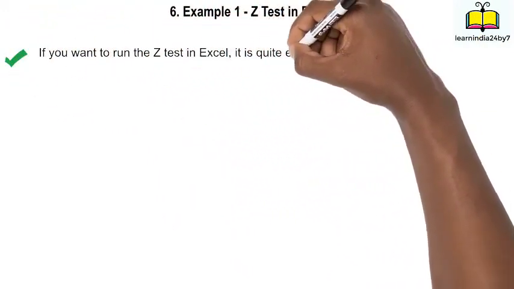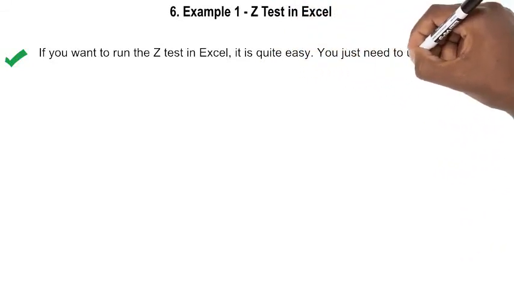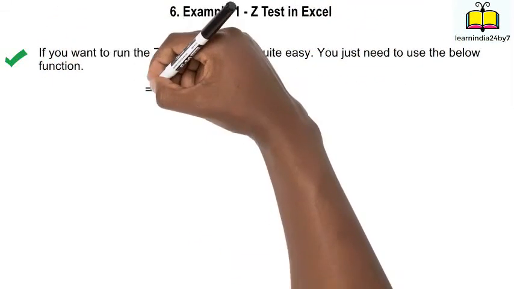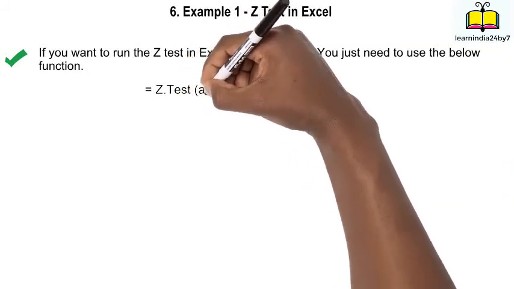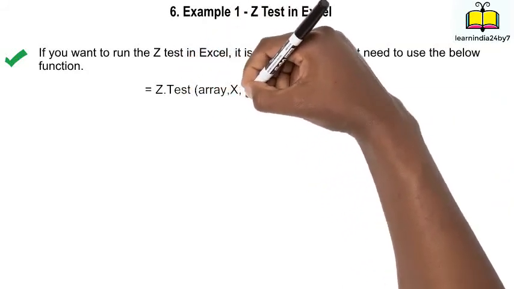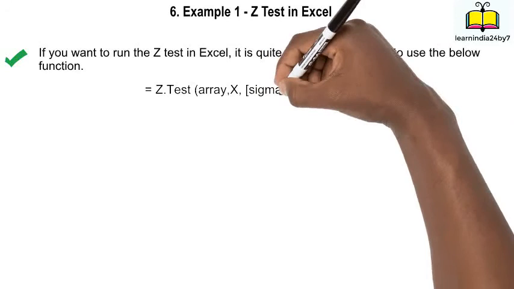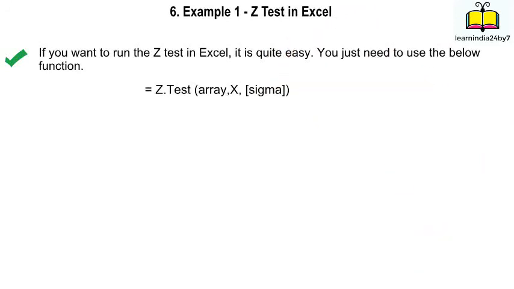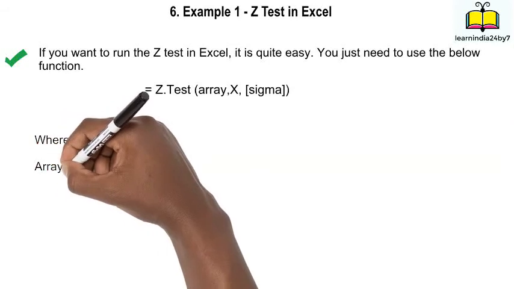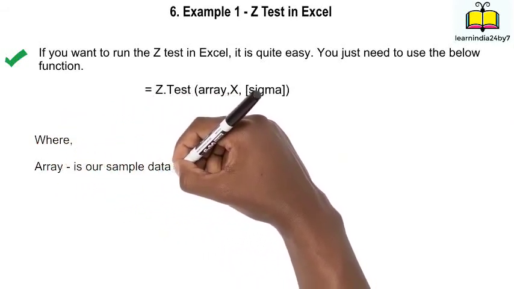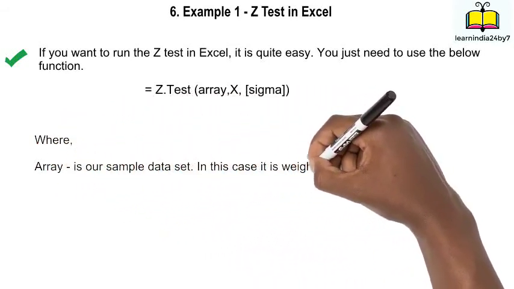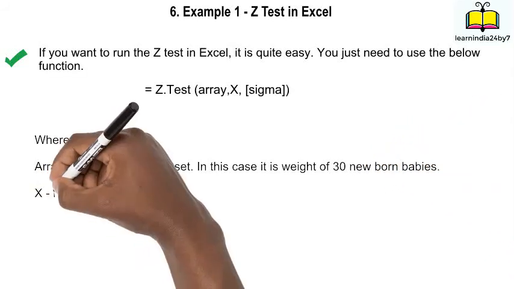If you want to run Z test in Excel, it is quite easy. You can do that by using the function shown below. The function is Z.TEST. Parameters are array, x and sigma. Array is our sample data set, in this case the weights of 30 newborn babies.